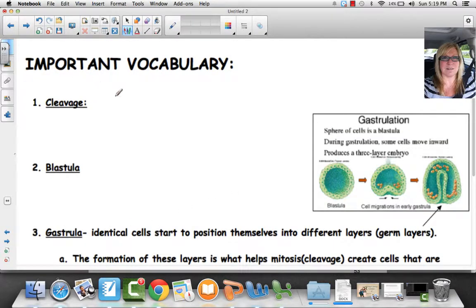So let's define some important vocabulary. Cleavage is the division of cells through the process of mitosis.